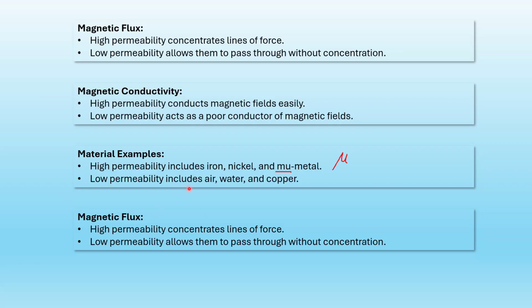Low permeability materials include air, water, copper, wood, and vacuum, but vacuum is a special case. Then in the context of magnetic flux, oh, well, this slide is a repeat here. All right, cool. So you get this twice.